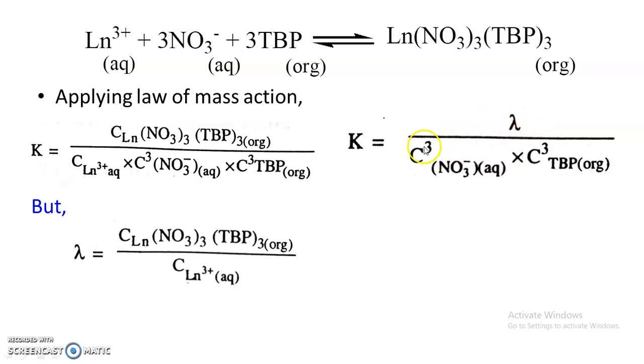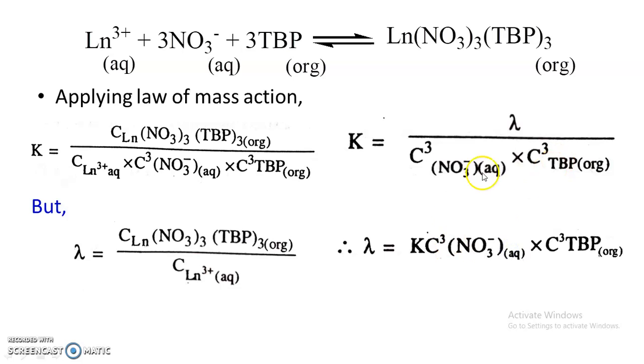So K is equal to lambda upon the concentration of NO3- raised to 3 into the concentration of TBP organic raised to 3. By rearranging terms, lambda, the distribution coefficient, is equal to K into C of NO3- aqueous raised to 3 into the concentration of tributyl phosphate organic raised to 3.